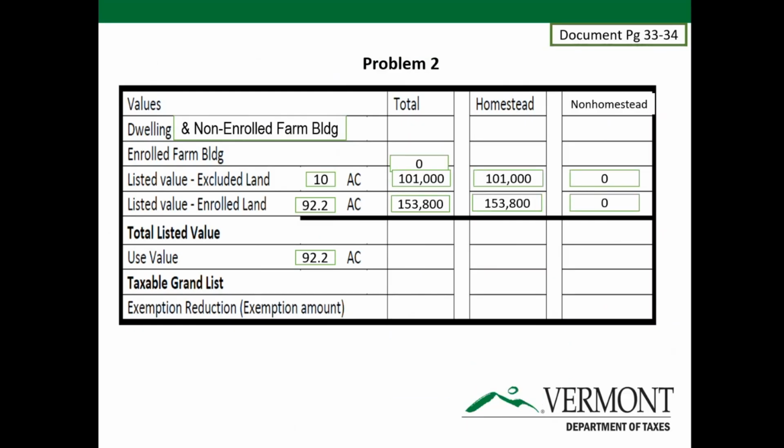Okay, so I'm going to go ahead to my grid. We know we didn't have anything in enrolled farm buildings, so we zeroed that out. We knew we didn't have anything in non-homestead, so we zeroed out that whole column. And I'm going to enter that $192,500 in my homestead column and in my total column.